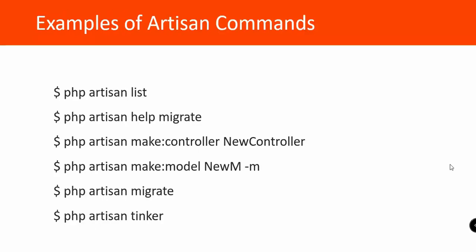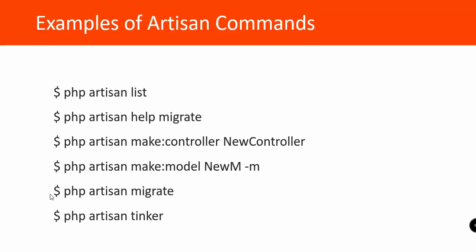And these are examples of Artisan commands. We have php artisan list. We also have artisan help migrate. Also artisan make:controller and the new controller name. And here's the one if you want to make a model: artisan make:model, then the name of the model, and then -m.